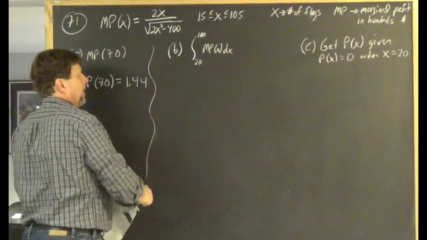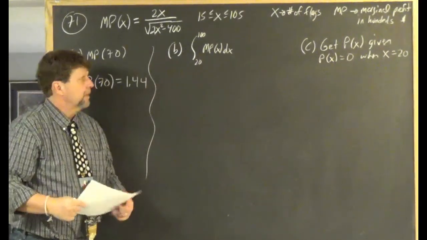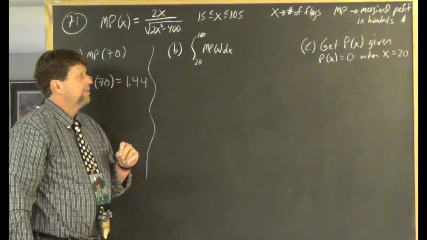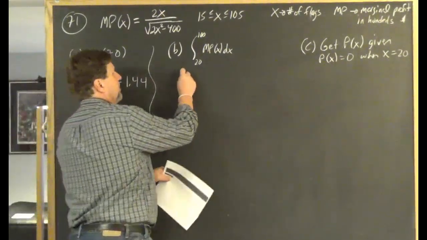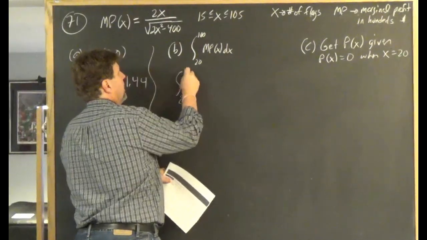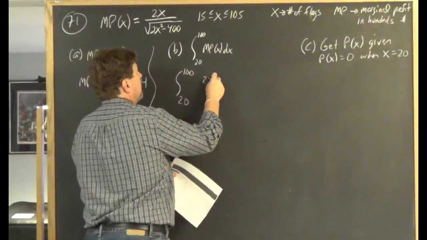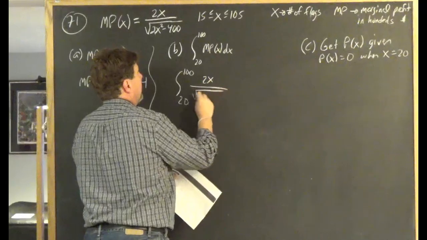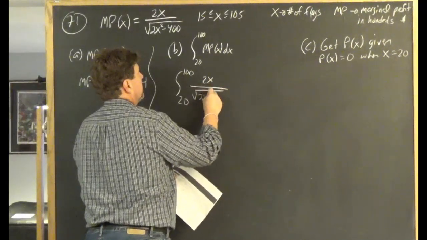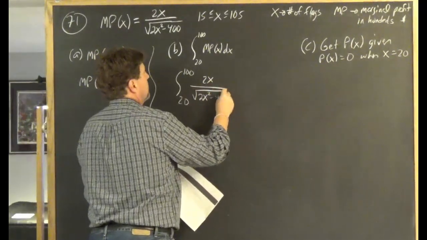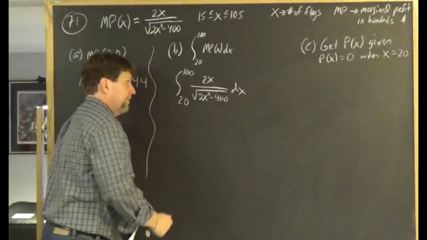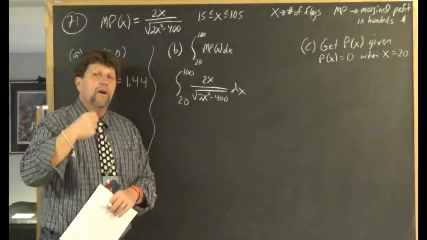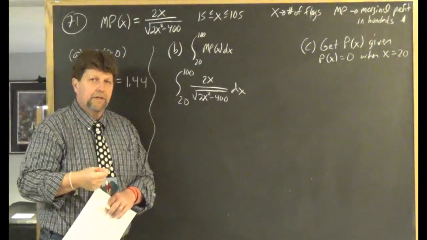So I'm moving on to part B. Part B, integrate from 20 to 100 the marginal profit function. Well, first things first. We are integrating a rate function.